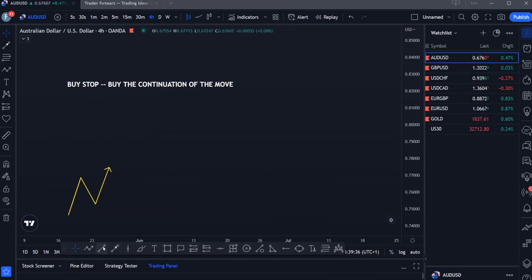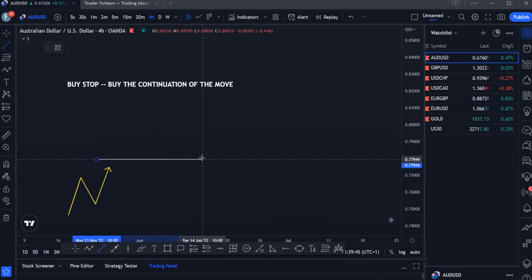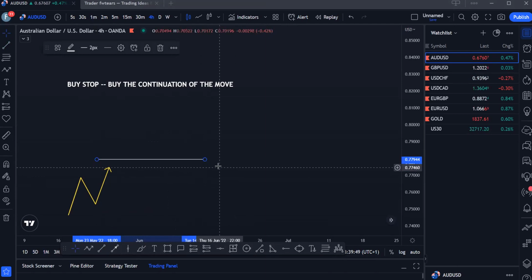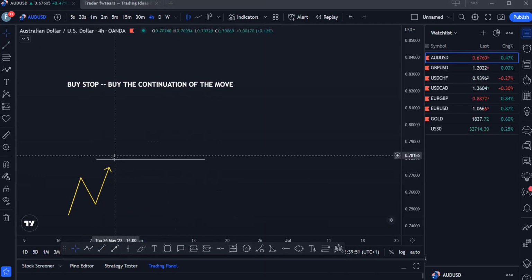So if price is in a bullish momentum like so, and you want to continue buying at a particular price, you can use a buy stop. Maybe you can say if price should get to this zone here, based on your analysis, you feel that once price breaks this zone, the momentum will be higher. So it's based on your strategy.